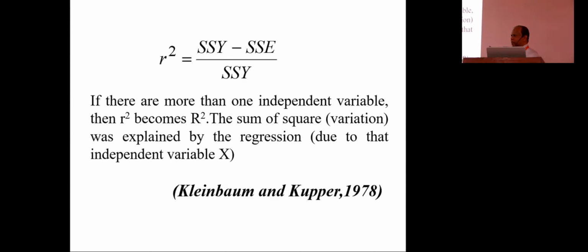What is the variability due to regression divided by the variability of the dependent variable? So this is due to regression, and this is the variability of the y variable. If the regression is able to explain 100% of your y variable, then the R square becomes 100%. R square cannot be 100%.